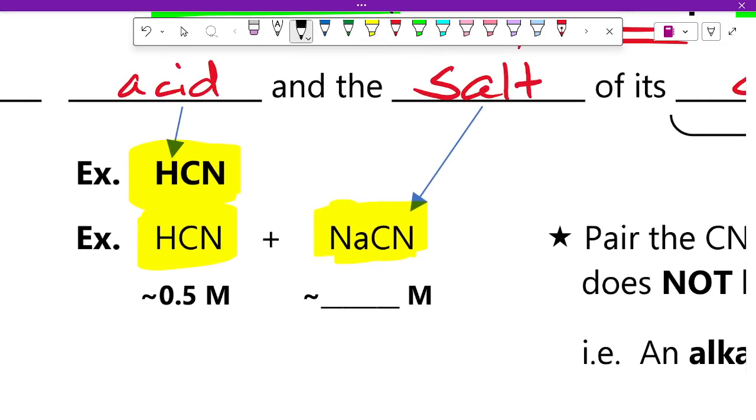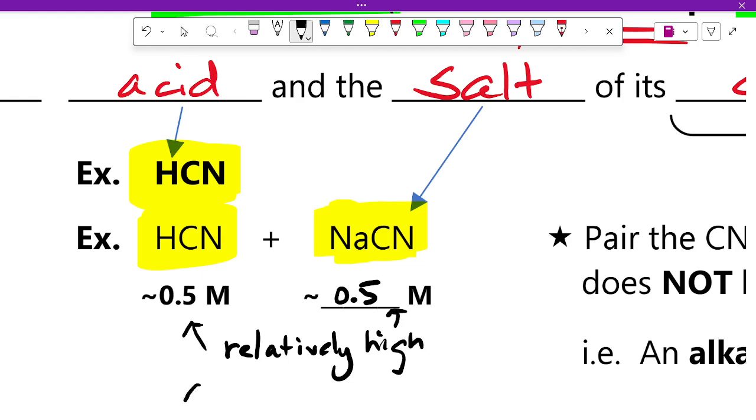About 0.5 molar. Okay? Relatively high and relatively equal. I'll say close to equal.